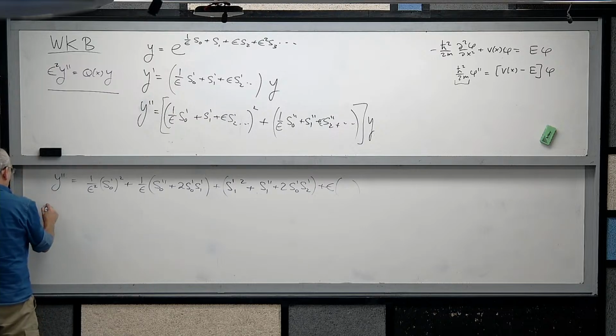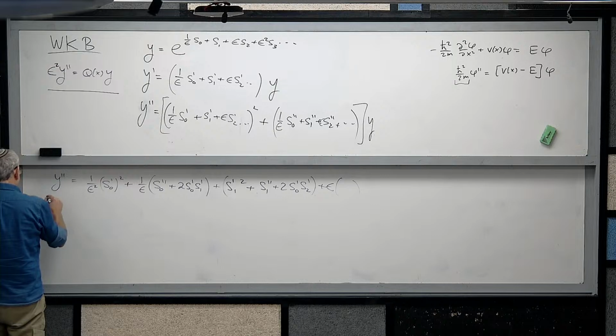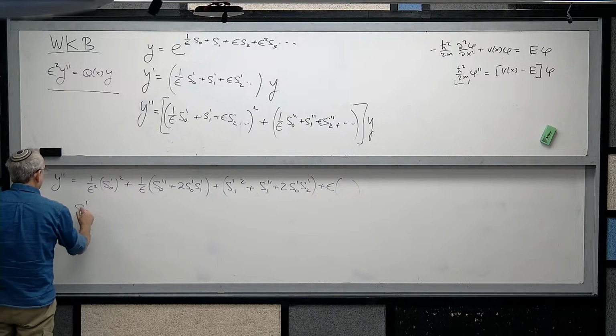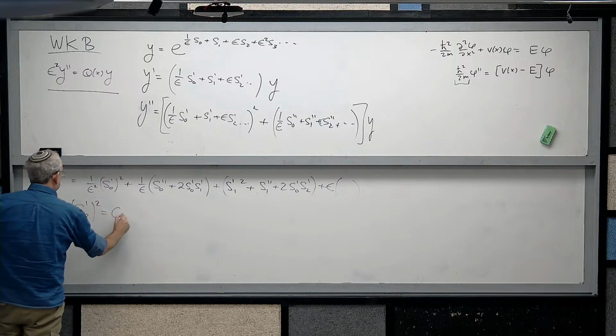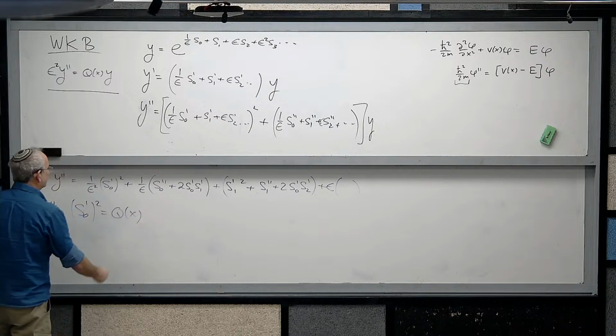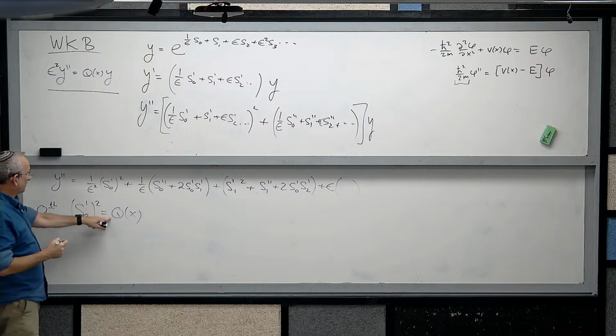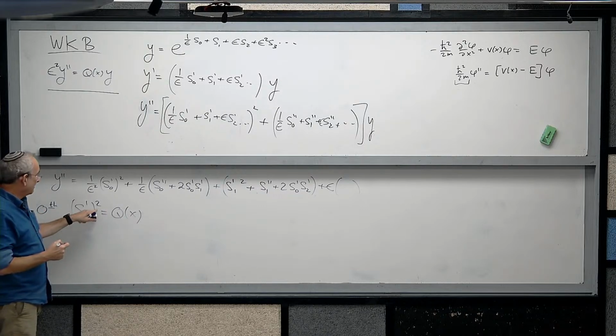So the zeroth order WKB is S naught prime squared equals Q of X. You see? That's the zeroth order. And the answer is, first of all, I should take the square root of Q and then integrate.